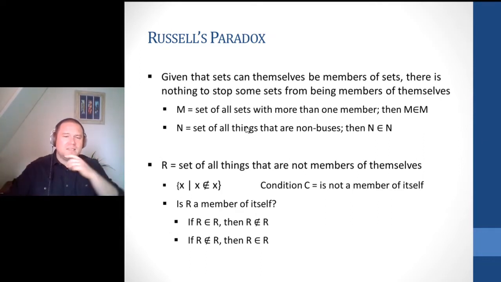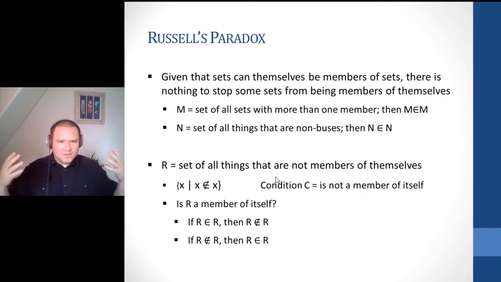Now, running with this idea, let's define R as the set of all things that aren't members of themselves. So basically we can express it this way: it's the set of all X such that X is not a member of X. So clearly M and N, as we defined them up there, aren't going to be members of R. And the condition we've defined here is effectively "is not a member of itself."